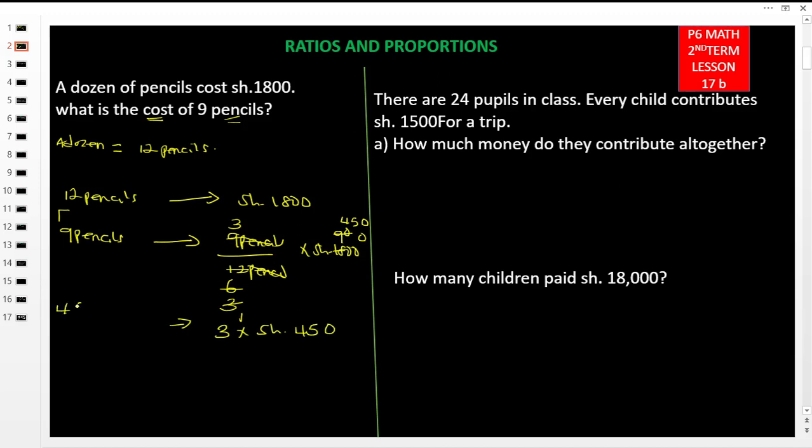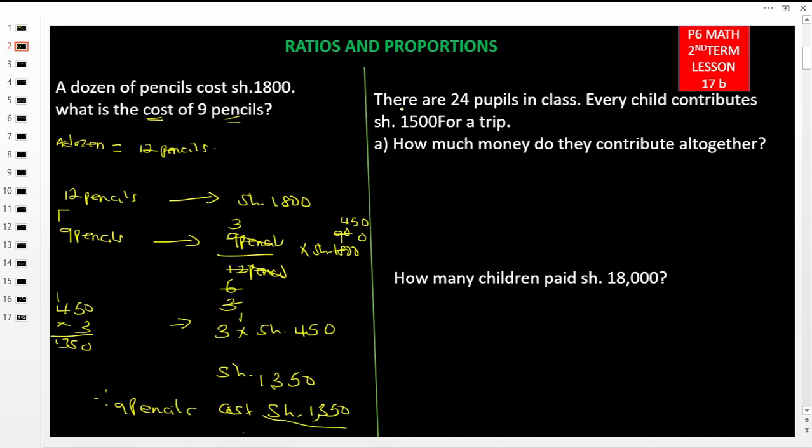Now side work here, 450 times 3, we are having a 3 15. This is 12 13. So we are getting shillings 1,350. So 9 pencils, therefore 9 pencils cost 1,350 shillings, right?